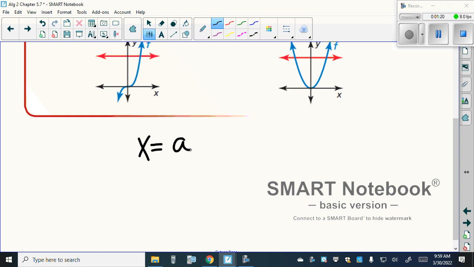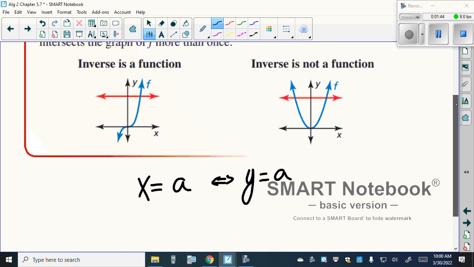That would be the vertical line test, because that's all we're doing, drawing a straight line up and down, x equals, and going across. But if we switch x and y for its inverse, the x is going to become y equals a, which would be our horizontal line, yes? So if we're switching it here, that means also for the function itself.